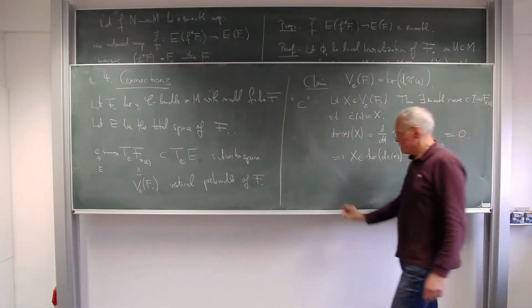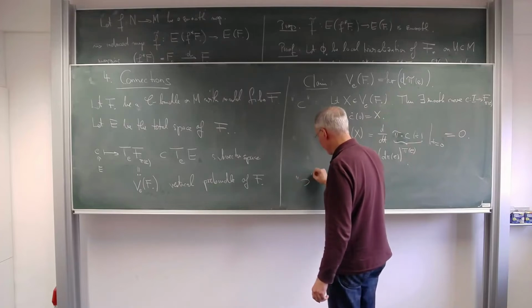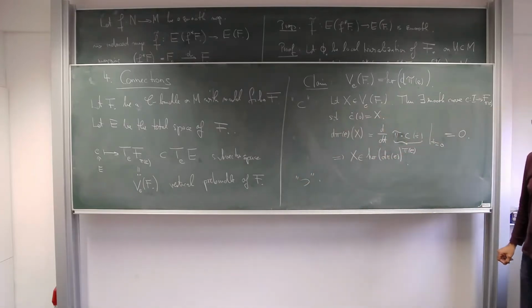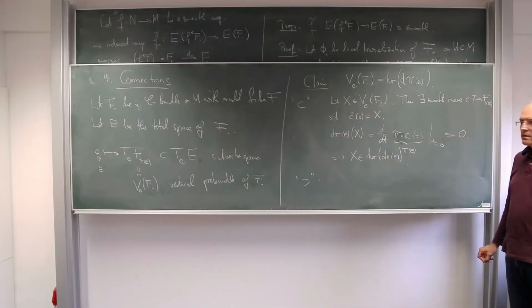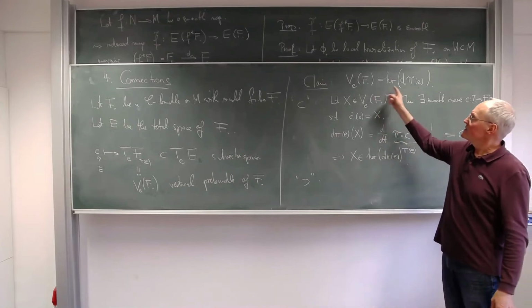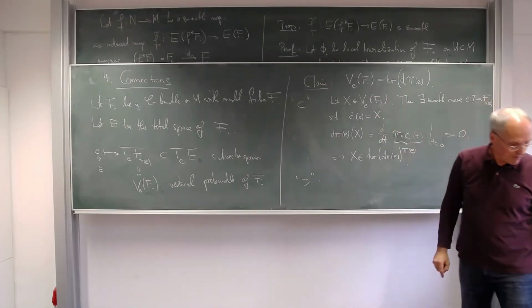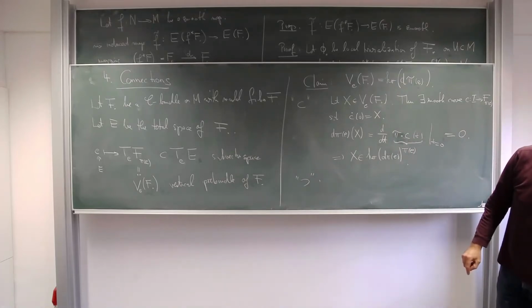And conversely, for the opposite inclusion, we can now show it using a dimensional argument. If I show that these two spaces have the same dimension and one is contained in the other, then they must be equal.